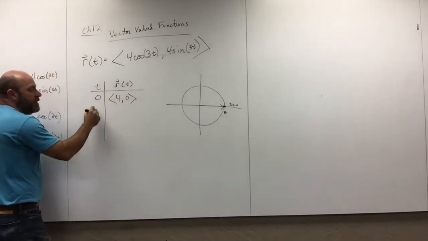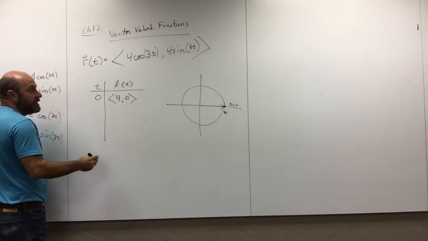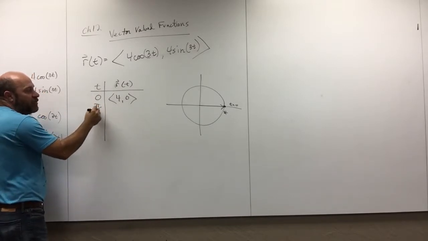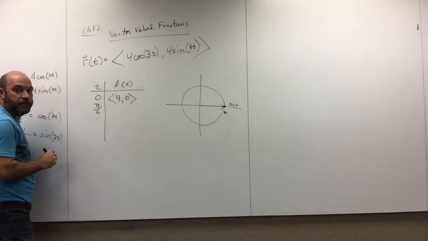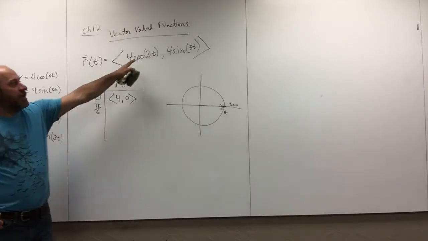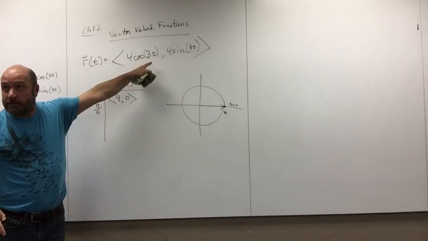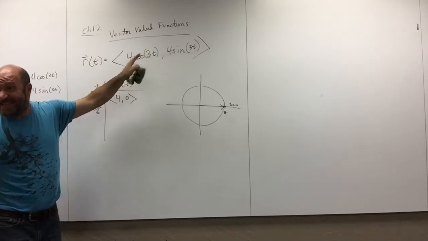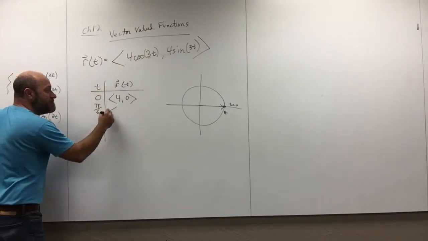Here, let's plot, watch this. I'm plotting pi over 6. I'm going to plug it in. I'm going to get 3 pi over 6, which is pi over 2. And the cosine of pi over 2 is 0.